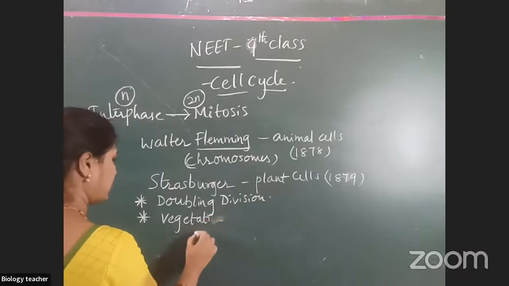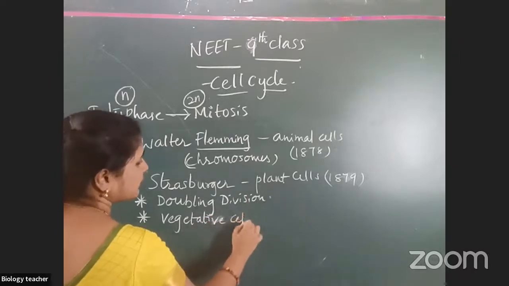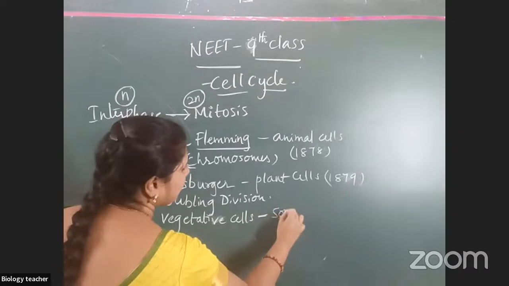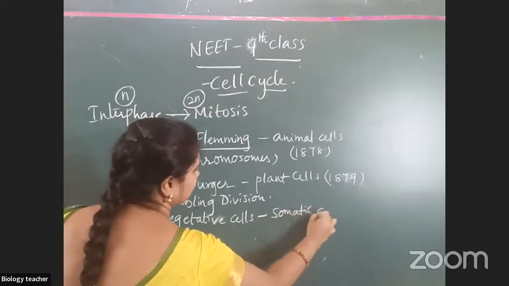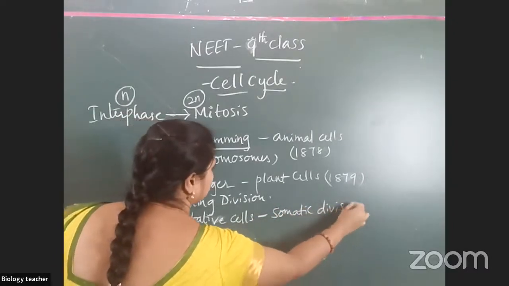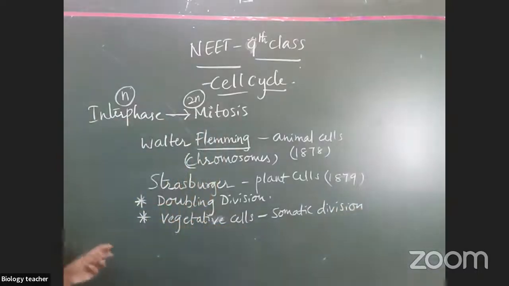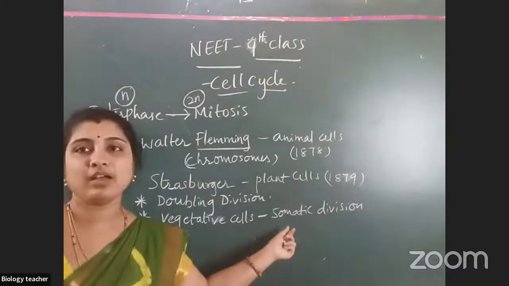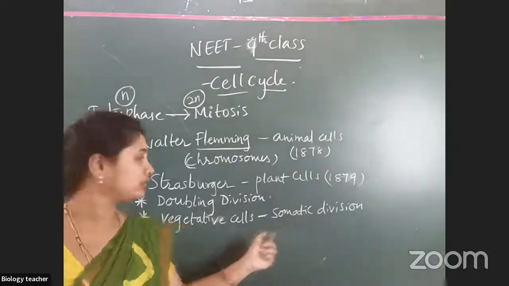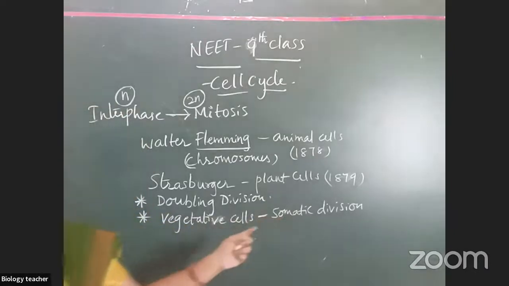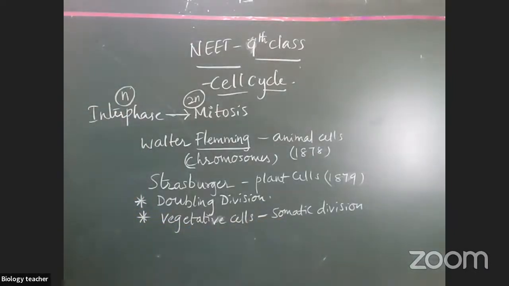So it is known as somatic division. Mitosis is known as what? It takes place in the vegetative cells. So, somatic division. Next one.